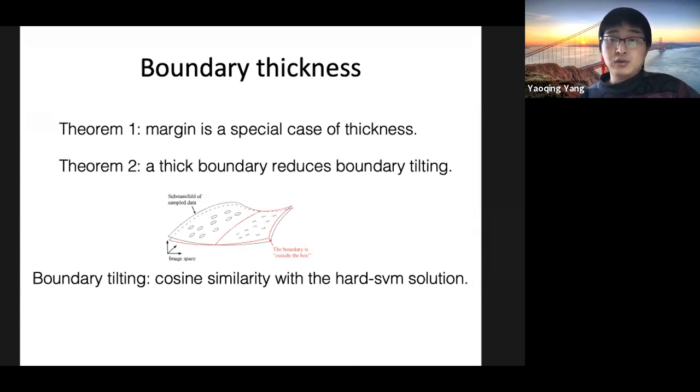For a linear model, boundary tilting has a cleaner definition, which is basically the cosine similarity between your weight vector and the hard margin SVM solution. This is because the hard margin SVM solution can be viewed as the solution that is perpendicular to the data submanifold. And if the cosine similarity between your solution and the max margin solution is large, it means it has a small boundary tilting. So this is our second result.